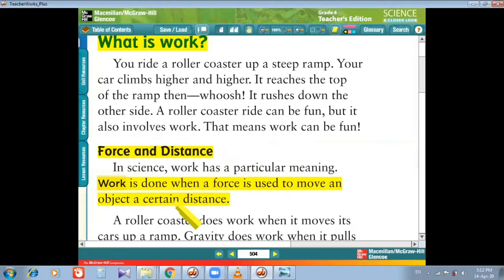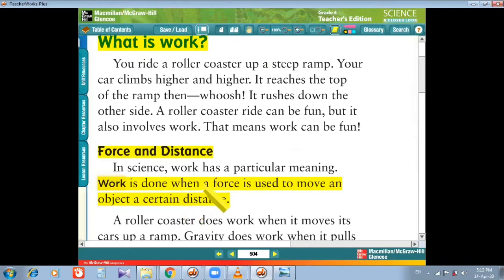When we apply force to some object so that it can move and cover some distance, that is called work.